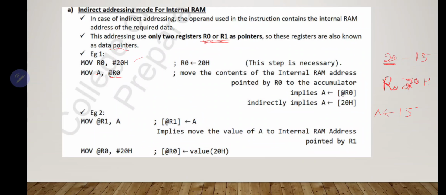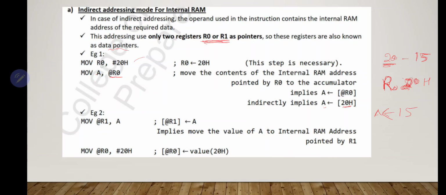A is considering the data in R0 as an address, moving to that address, and taking the data at that address and moving it to A. It moves the content of the internal RAM address pointed to by R0 to the accumulator. So indirectly, A takes the value of address 20H.